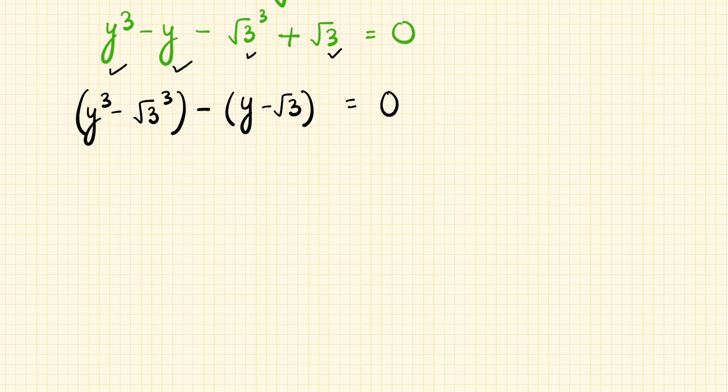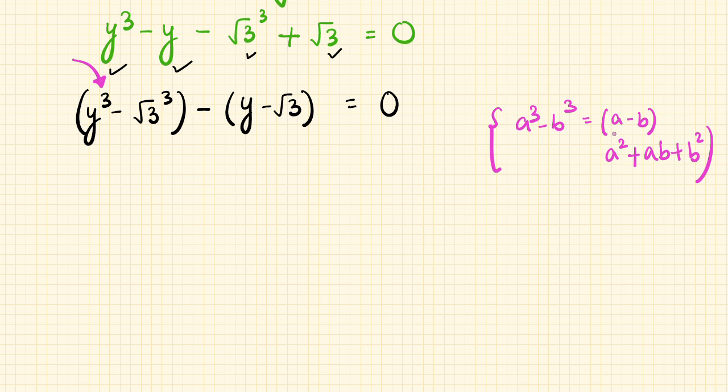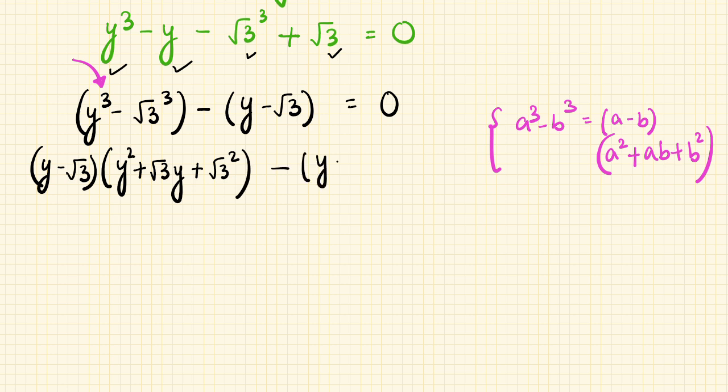Now we also know a cubed minus b cubed is equal to a minus b times a squared plus ab plus b squared. So linear multiplied by quadratic gives you cubic, right? Writing it as this multiplied by a quadratic: my a is y, so y squared plus root 3 y plus root 3 squared, minus y minus root 3.